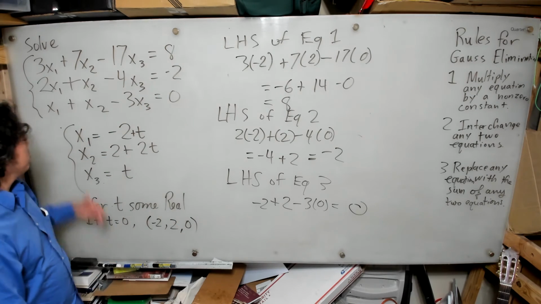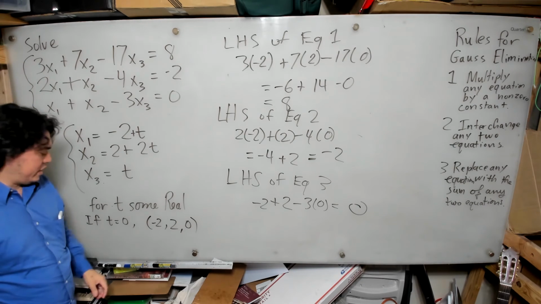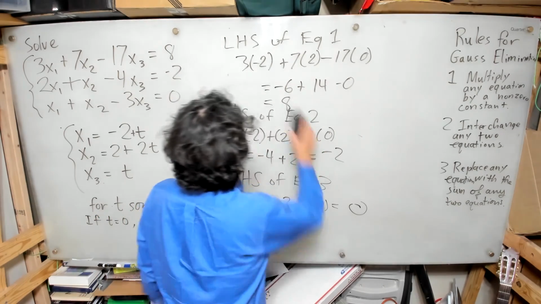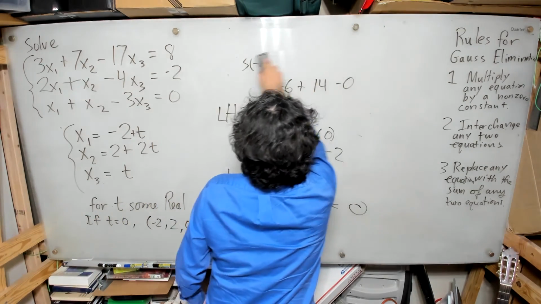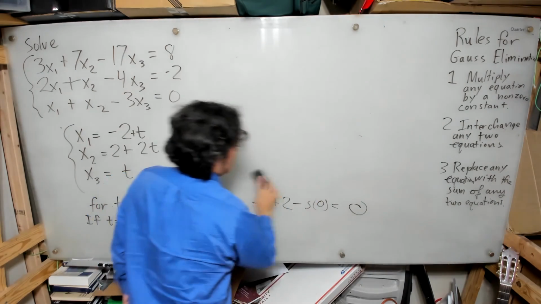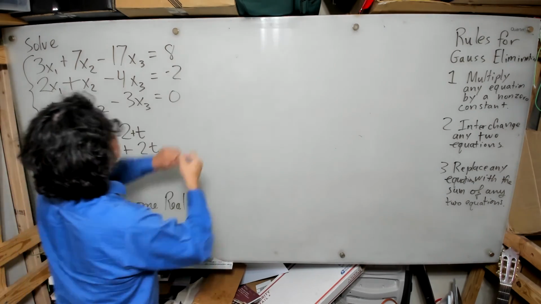If you wanted to, we could also plug these into each equation to see that they satisfy the system in general. Let's do that here. Even though it's strictly not necessary, I just want to do it for fun, because why not? Might as well at this point.